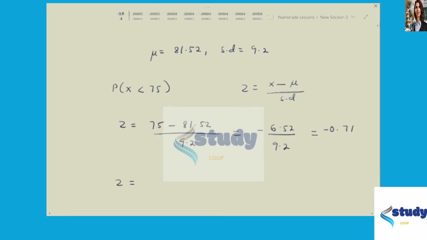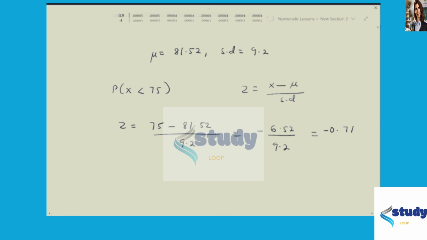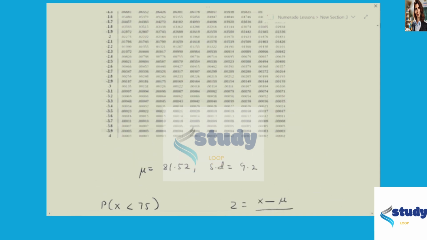So the probability of z that is less than negative 0.71, so this is 0.7 and 1.